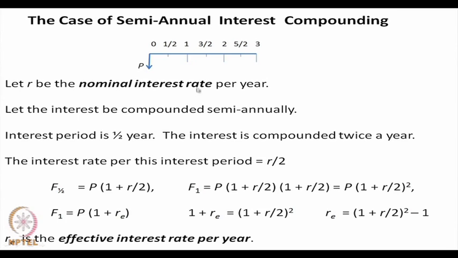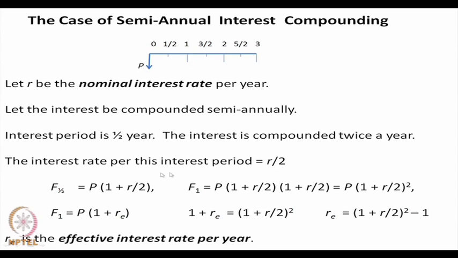A nominal interest rate is defined for the full year, that is R. But if the interest is compounded semi-annually, that means after every 6 months it is compounded, in this case the interest period is therefore half the year and the interest is compounded twice a year. The interest rate for this half year is nothing but R by 2. So, if R is the nominal interest rate for the full year, for one interest period, it is R by 2.